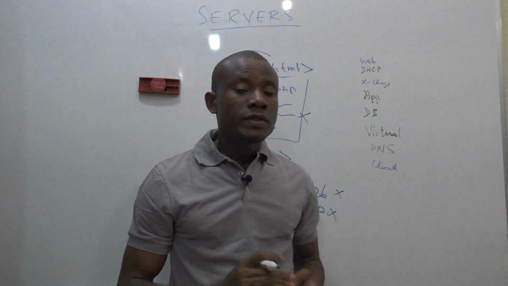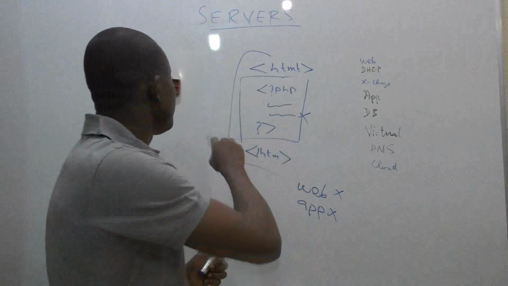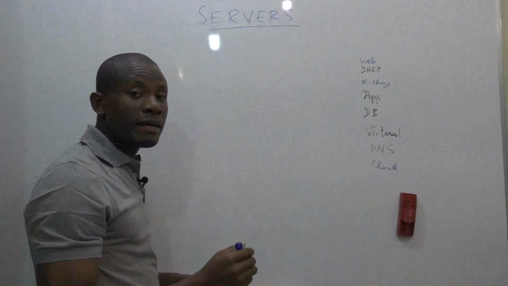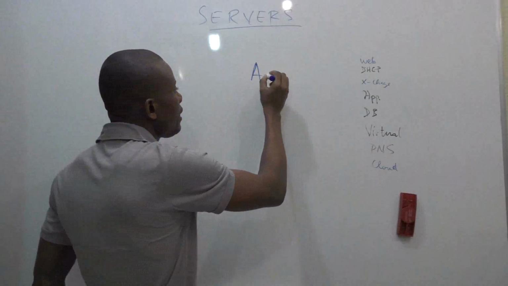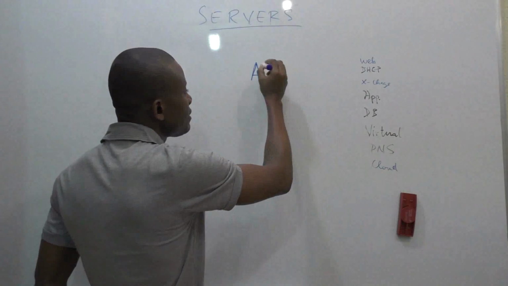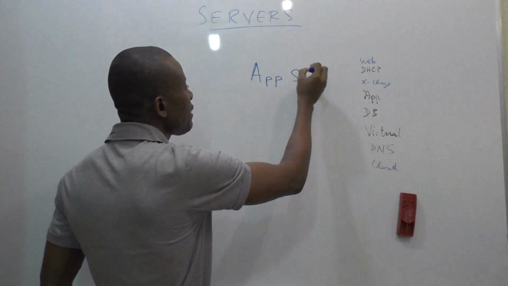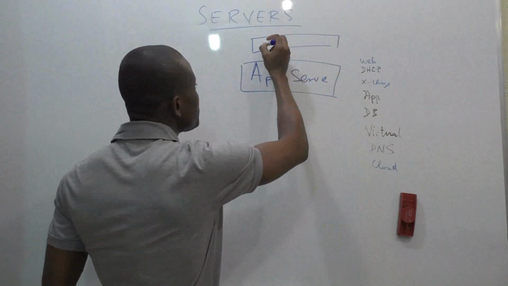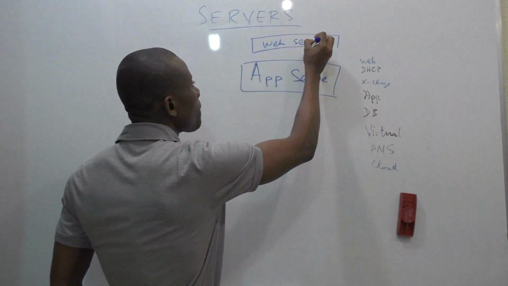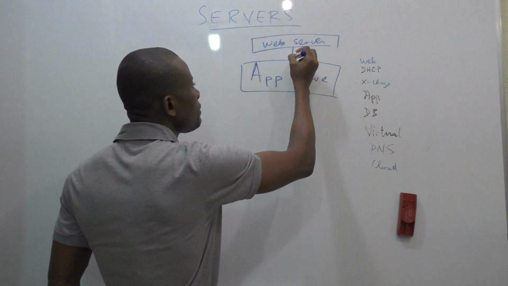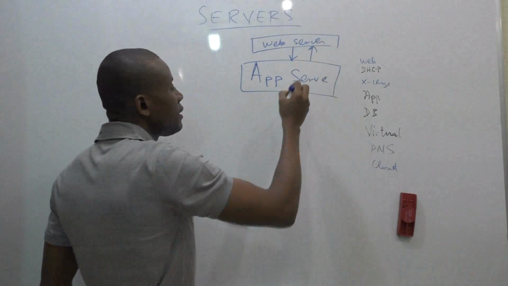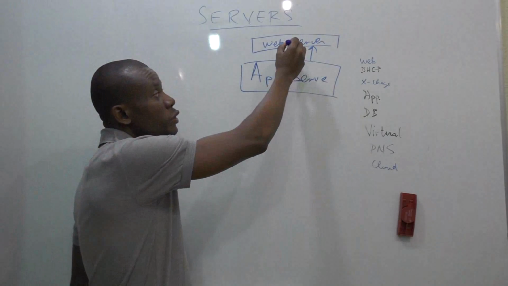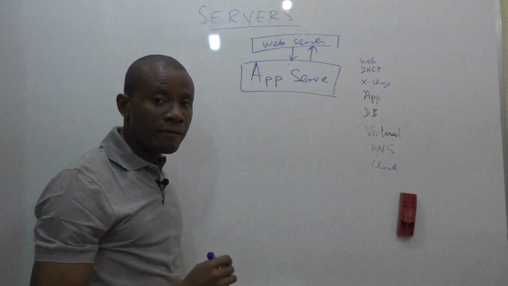Alright, let's now go to database servers. Before I treat database servers, take note that the application server communicates with the web server, so we may have a web server communicating with the application server, because if the page contains dynamic content, the web server is going to pass it straight to the application server.